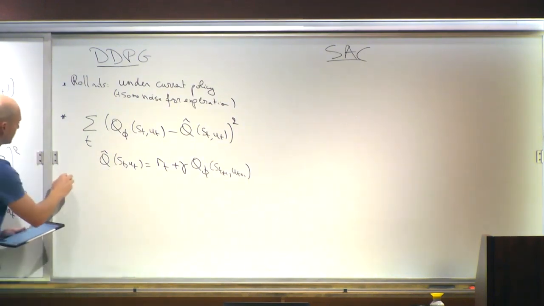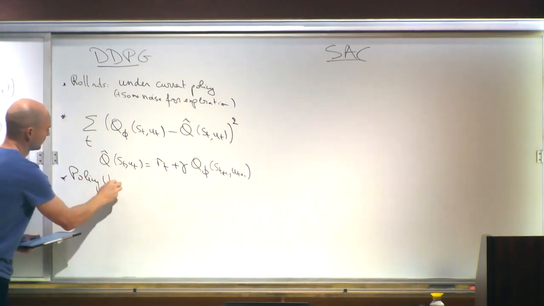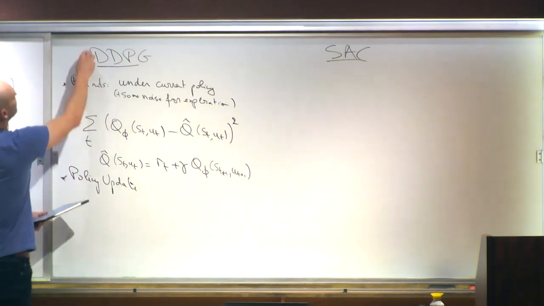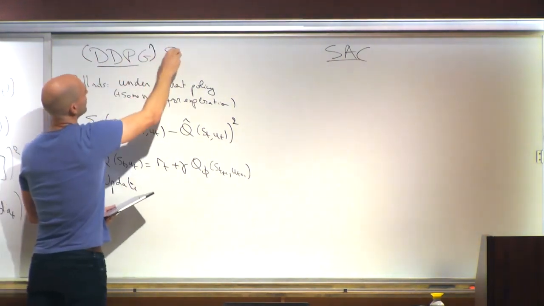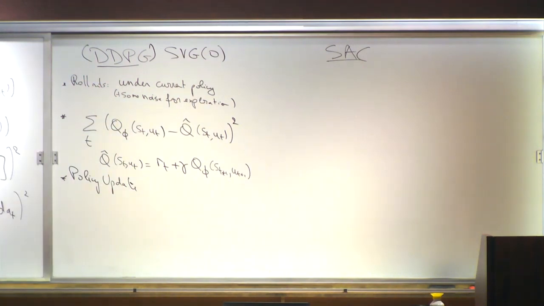And then we do a policy update. For now, I'm writing out the predecessor, SVG0, and then I'll tell you what to change to get DDPG. Now, to get our actions, we're hoping to deal with continuous action spaces. So we're going to have a parameterized policy again that extracts the max actions in a parameterized form, so we don't have to solve an optimization problem every time we take an action.